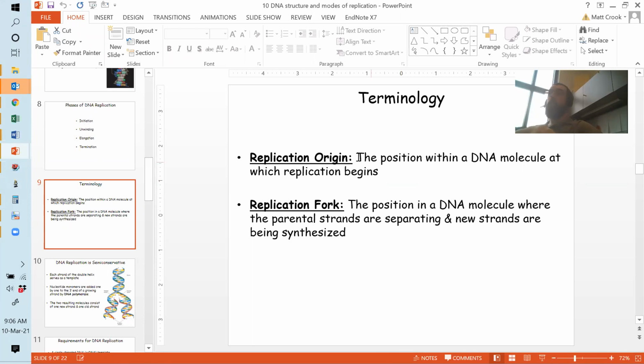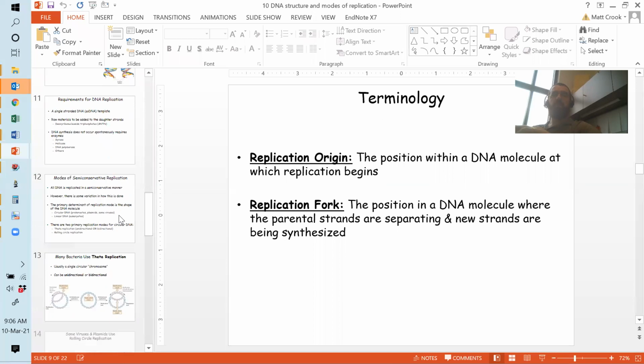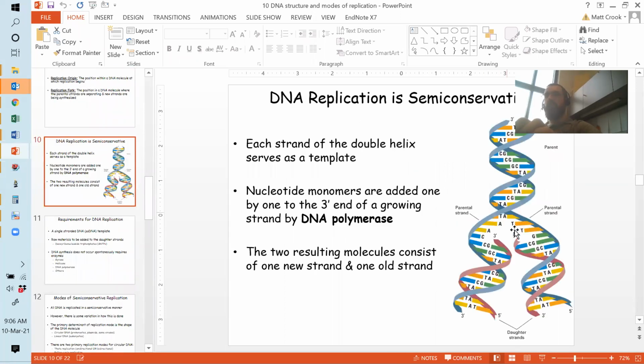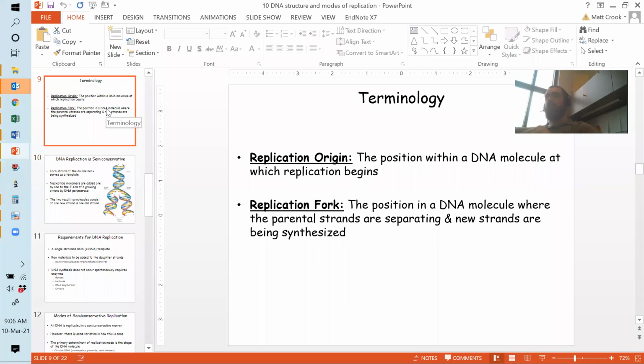So you'll see what we mean when we talk about replication forks. It's essentially the bit that generates a fork, right? Where that DNA is getting opened up into single-stranded DNA and synthesized, right? So that's really what a replication fork is.